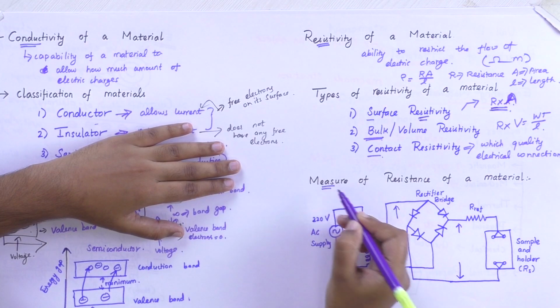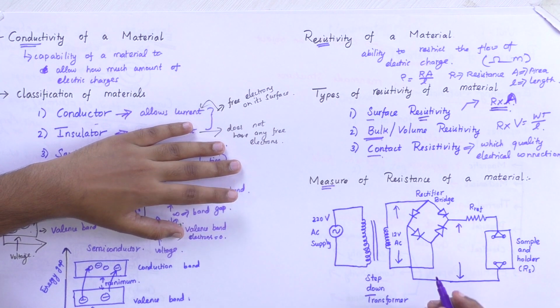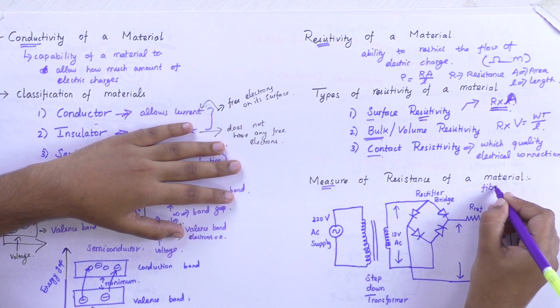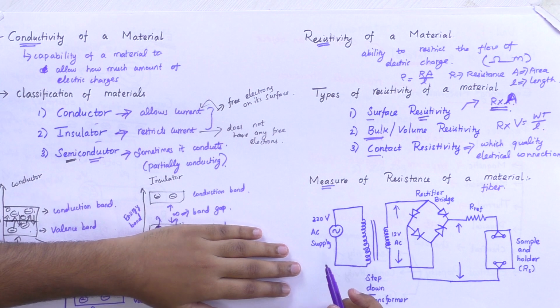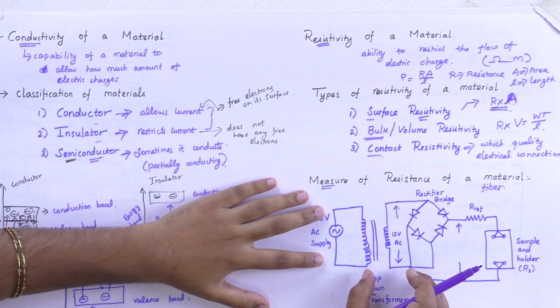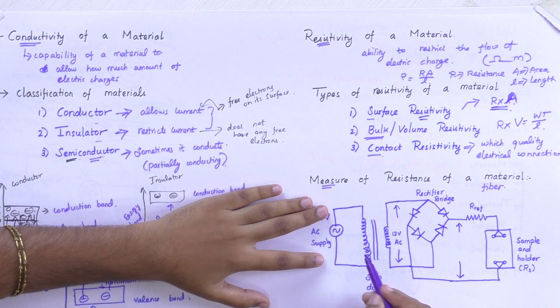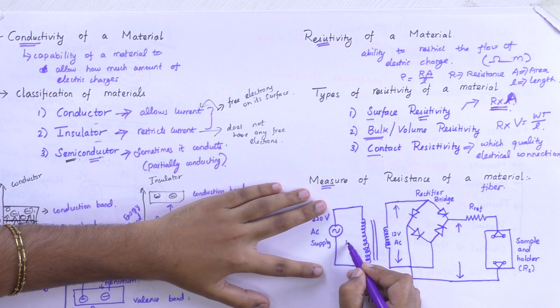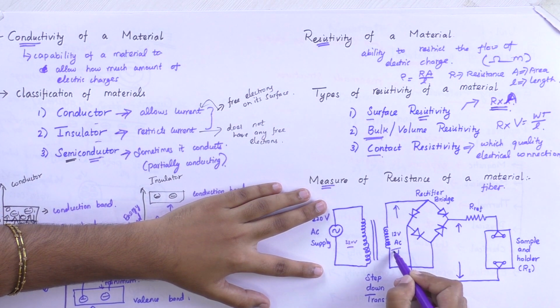Now let us take a sample circuit diagram. This helps to show how we will measure the resistivity of a material. I have given this for a fiber material. I have taken a single phase transformer which is reducing 230 volt to 12 volt AC.